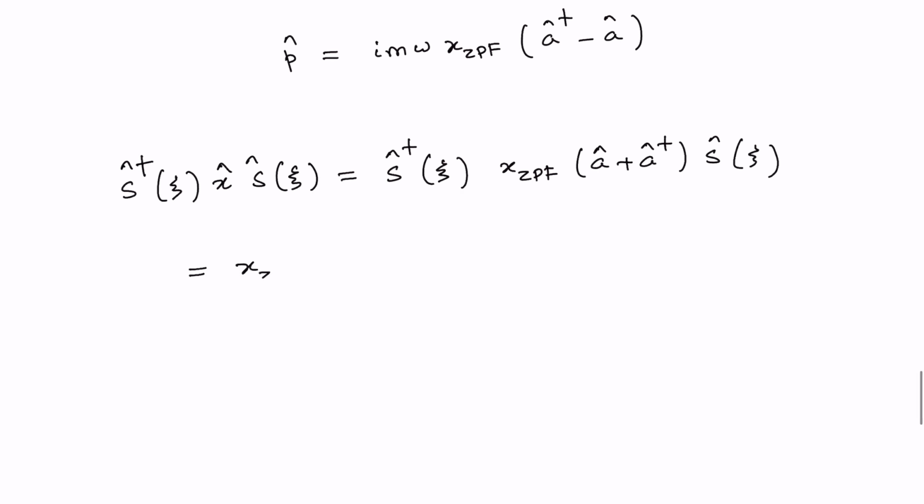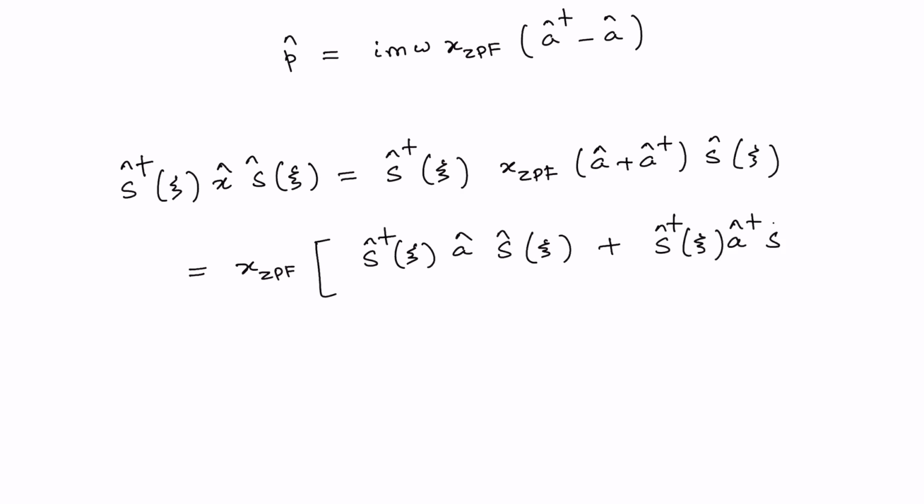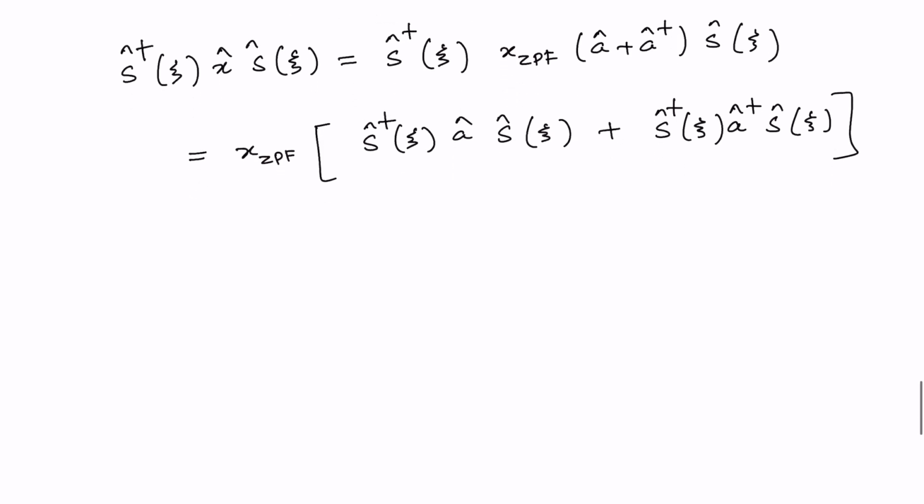One would be, let me write it first, S dagger xi a S xi plus S dagger xi a dagger S xi. So this is what I have. And you remember from our last class, I listed the properties of the squeezing operator, and one of the properties of the squeezing operator was this.